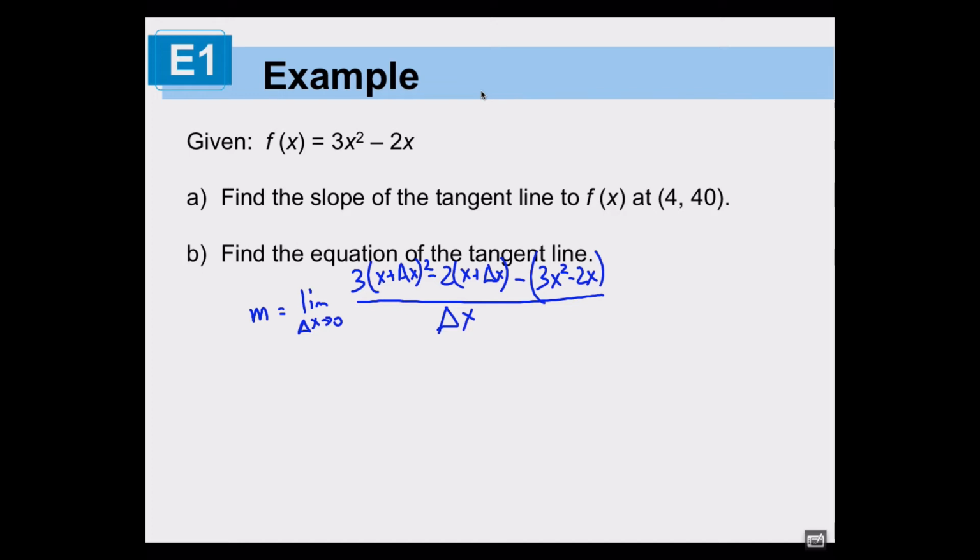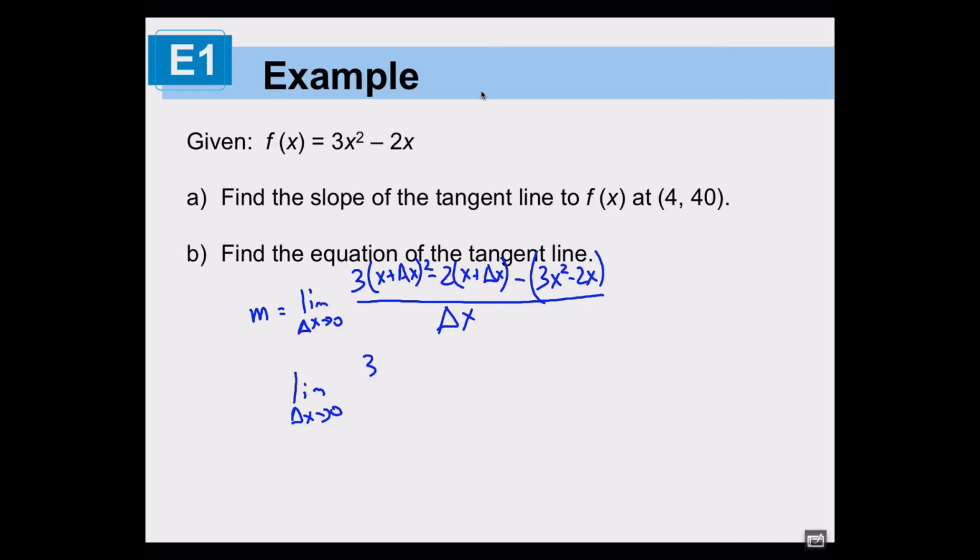This is finding the slope. These parentheses on the back end are very important. You have to be sure to put those in every time or you're going to make some sign mistakes. The other thing that people don't like is you have to write the limit every time.